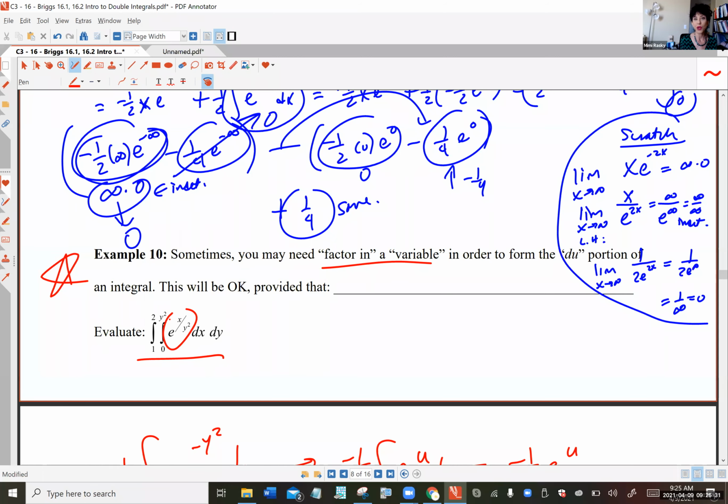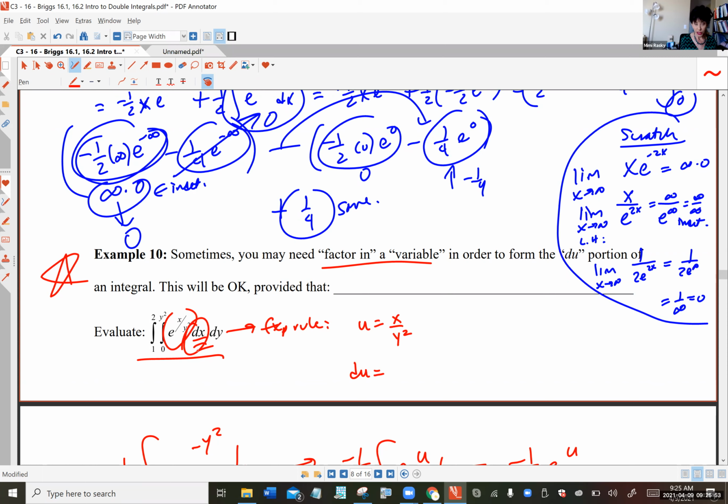I know. No worries. We're going to integrate it with respect to x. Okay, that means we're holding y constant. Yes, that's right. And so we're going to use the exponential rule. So the u will be x over y squared. And then du, remember, we're doing an integral with respect to x.